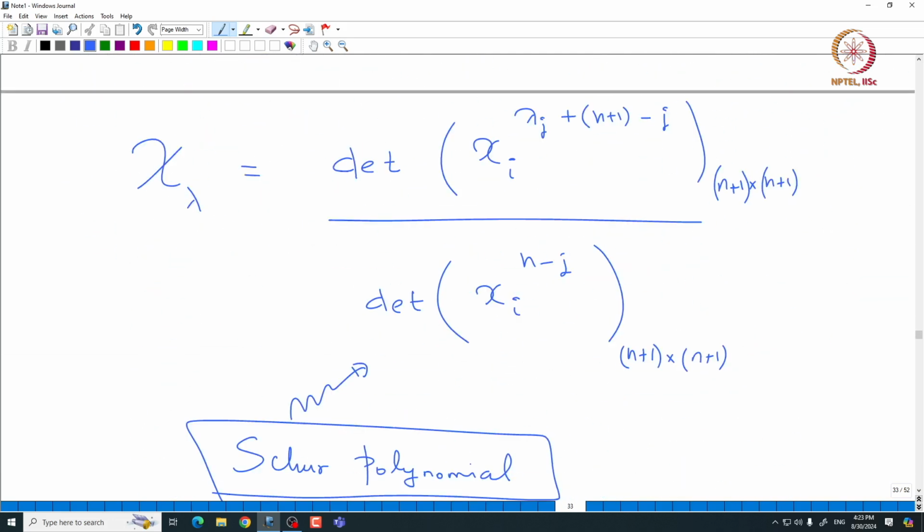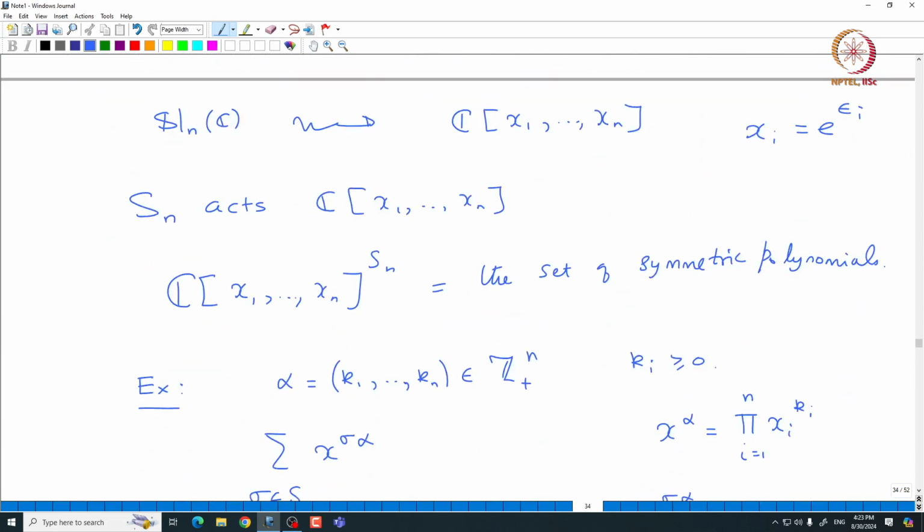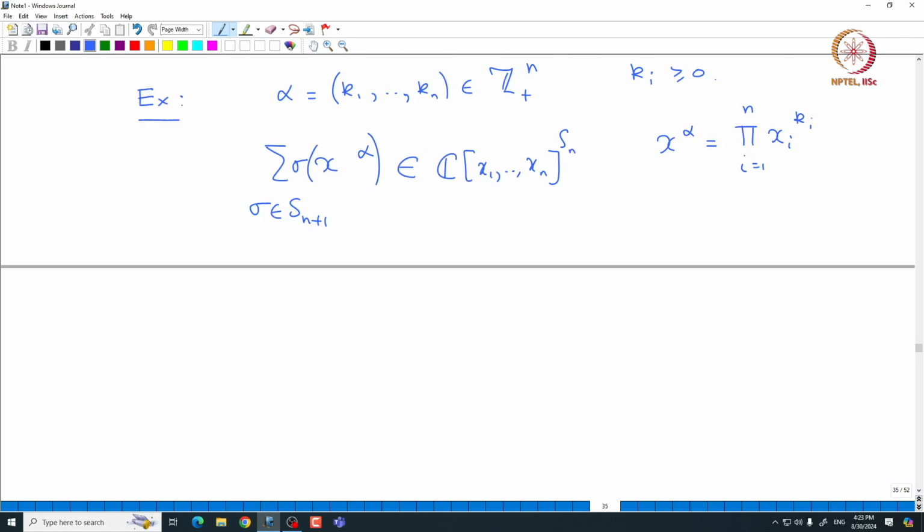If you want to think about it in terms of the coefficients, let us put it as sigma of x to the alpha. One can easily prove that this is indeed a symmetric polynomial, lying inside the symmetric polynomials, and these will form a basis for all alpha that run over Z plus to the n.